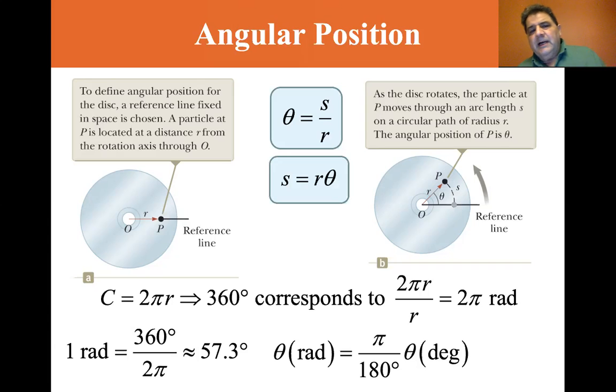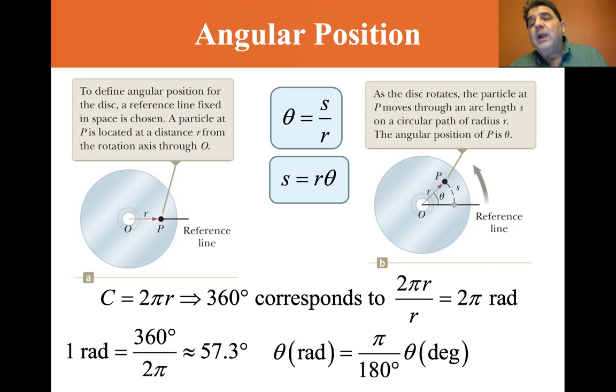Okay, so getting back to the angular position, theta is equal to S divided by R, and S equals the radius times theta. Now, notice that if you were to move that same angular position theta at a point further out, the S would be larger.